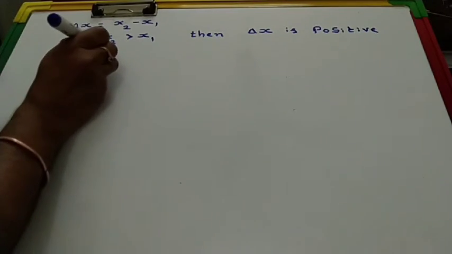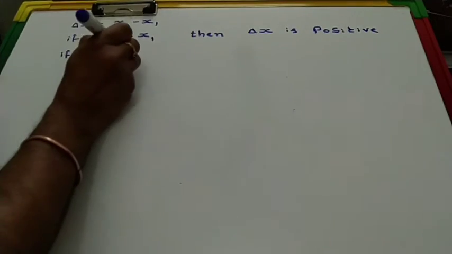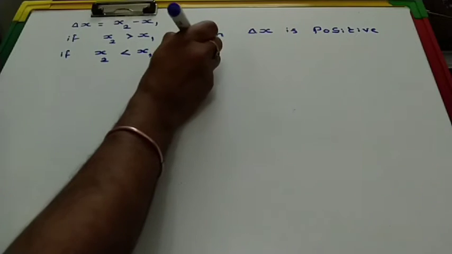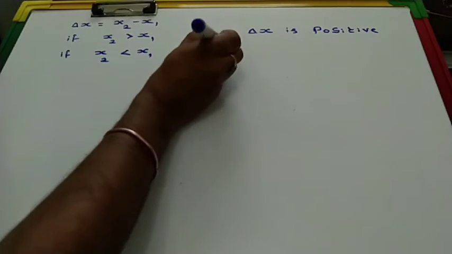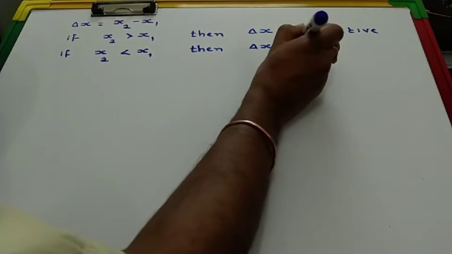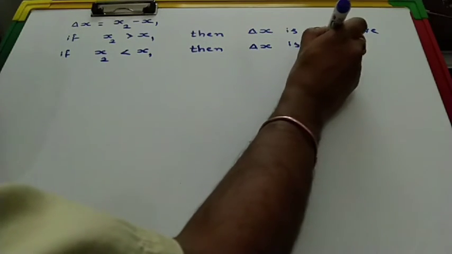If x2 is less than x1, then delta x is negative.